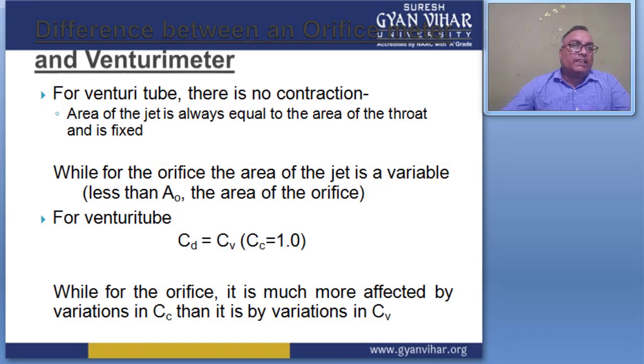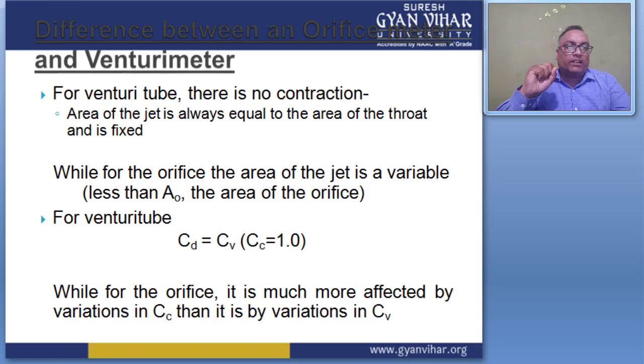But in the case of the orifice meter, contraction is applied, so the jet area is a variable area, and this area is less than A0, the area of the orifice. So this gives the vena contracta region, right?